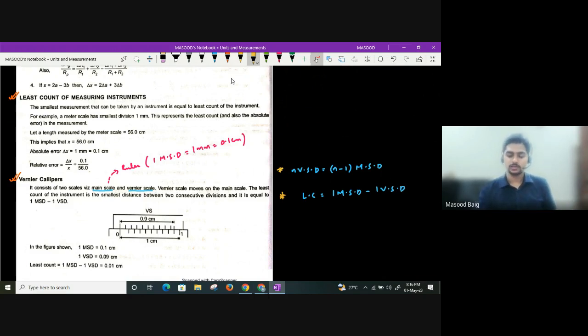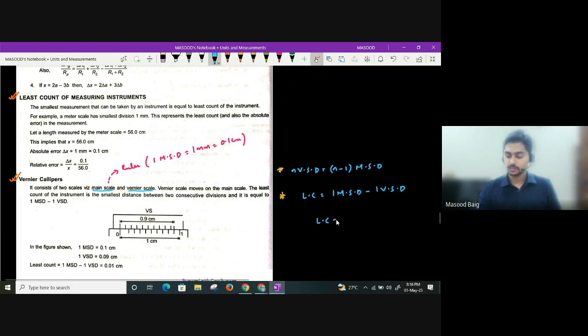Four formulas that you need to know. First one: what is each division on main scale equal to? It will be equal to 1 mm. Then what is the principle of working of a vernier caliper? N vernier scale divisions will coincide with n minus 1 main scale divisions. And the least count formula will be 1 main scale division minus 1 vernier scale division.